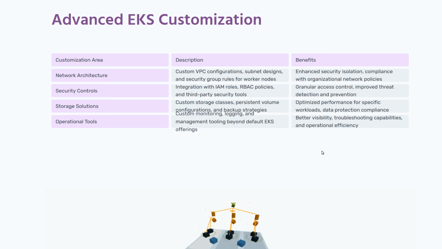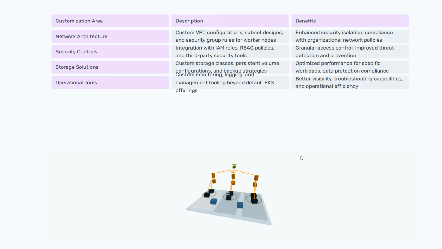Custom monitoring and logging optimize performance for specific workloads, data protection, and compliance. And operational tools: management tooling beyond the default EKS offerings, giving better visibility, troubleshooting capabilities, and operational efficiency, right?